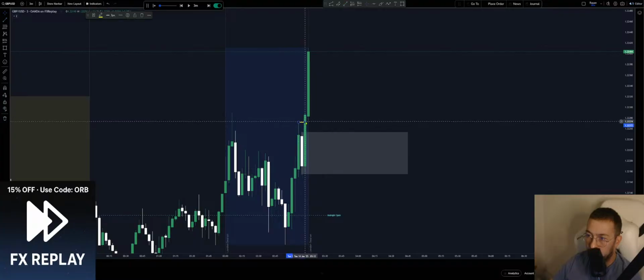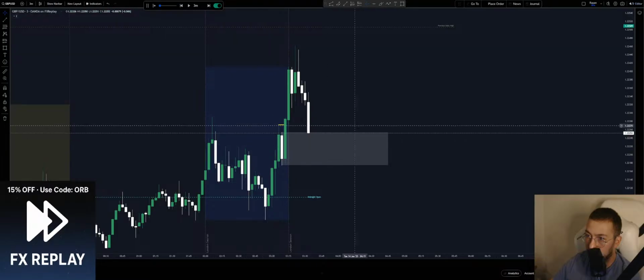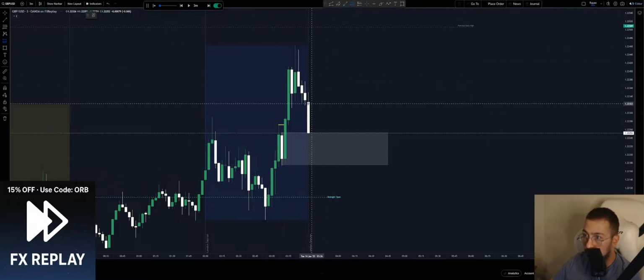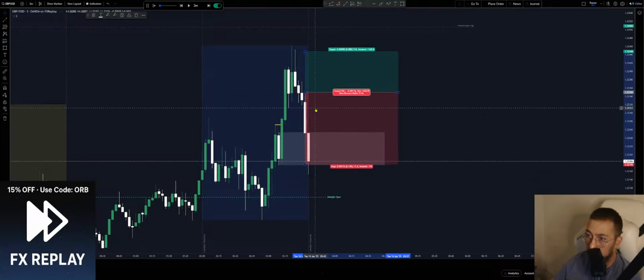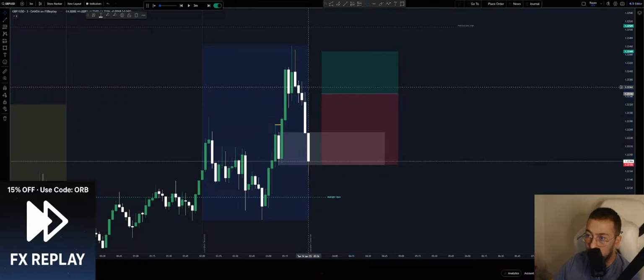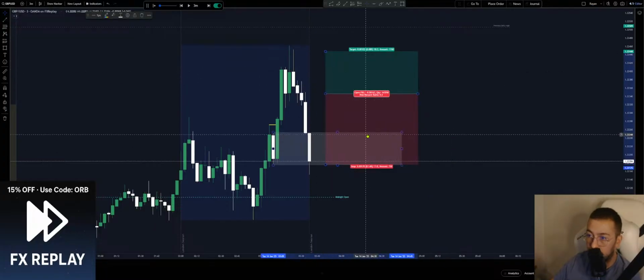The price broke structure. We need to wait for the retest. The price retested that zone. Then our entry is here. Place a stop order here. See, okay, the price failed to break that high, and then it invalidated our zone by breaching the zone. So that's no longer a valid zone.